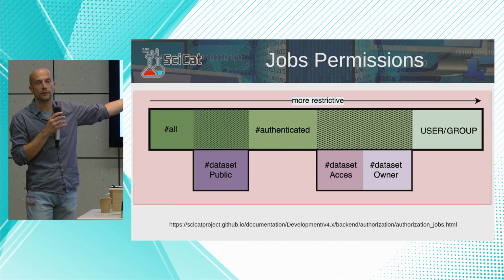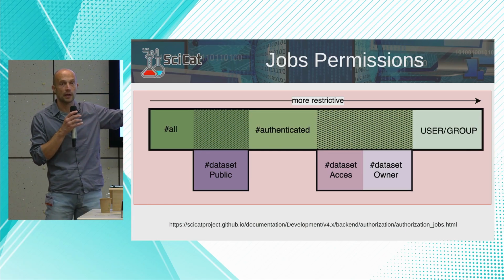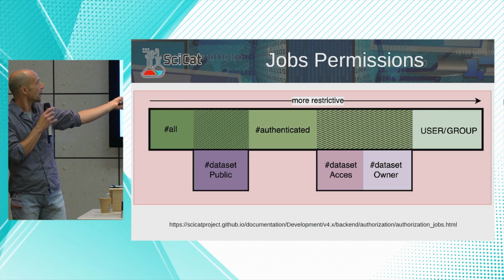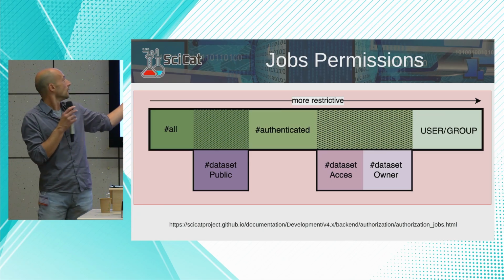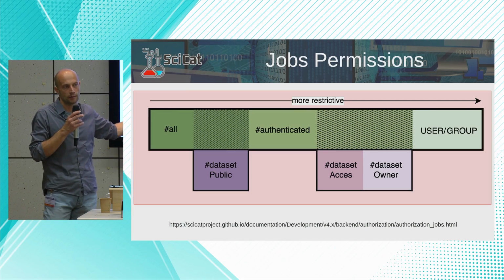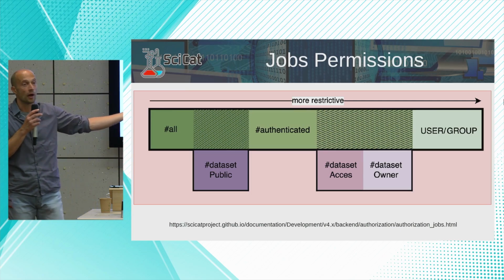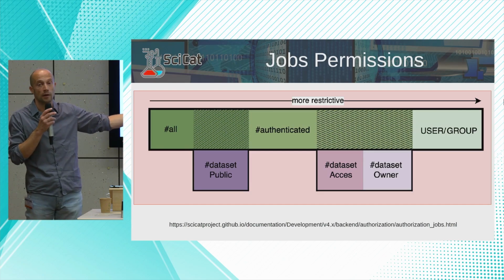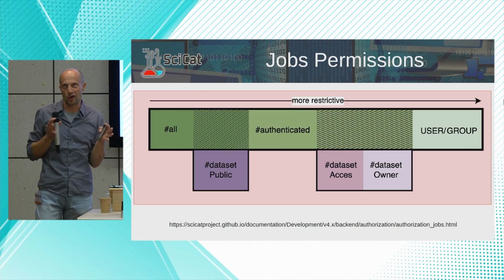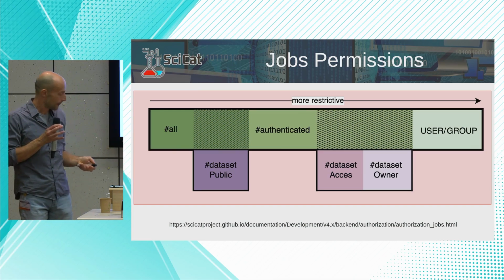Everybody, or you have to be authenticated, a specific user, or a member of a specific group. The ones underneath are related to the datasets. With these ones, you can create a job if all the datasets that you work on are public. These ones only if you have access, and these ones only if you're an owner. So we can tailor to different use cases.